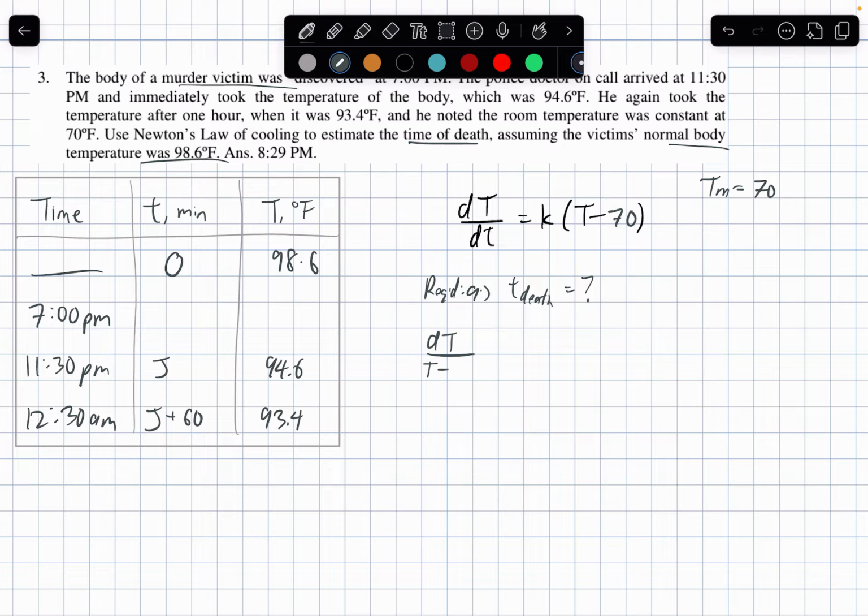Organize the equation. Temperature is 94.6, we go to 93.4. For the time, we start with J and then J plus 60.